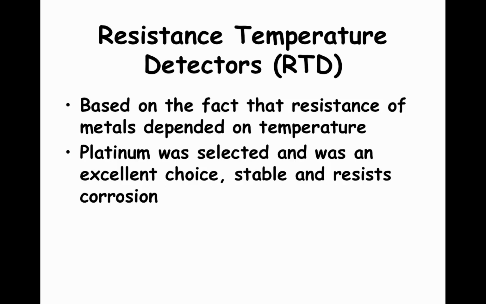It turned out that platinum was a good metal to use in RTDs for both its resistance characteristics and its stability and corrosion resistance. For most metals used in an RTD, the resistance increases as temperature increases.